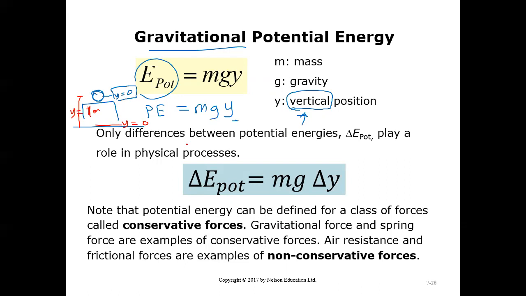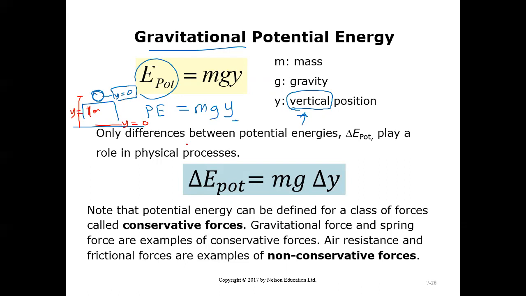People online? So I'm saying the potential energy is given by the equation mgy. Y is the vertical position relative to the Earth. Okay, good. So we said, where do I put y equal to 0?